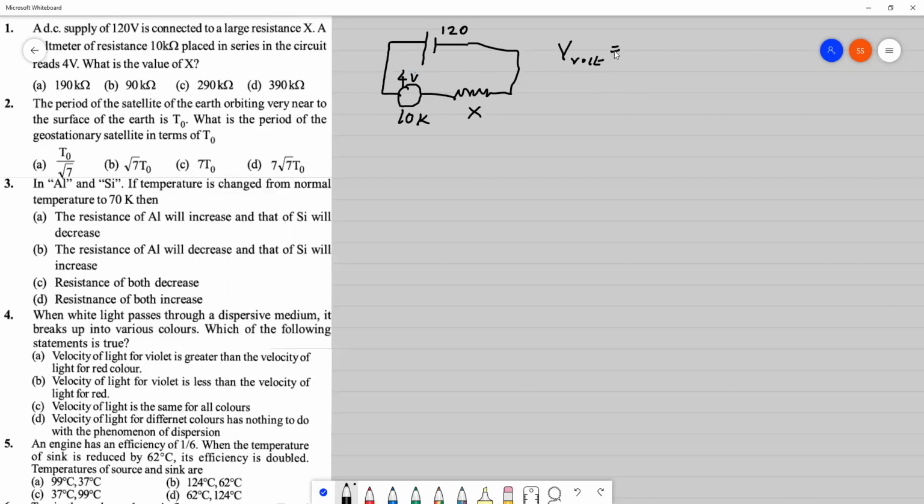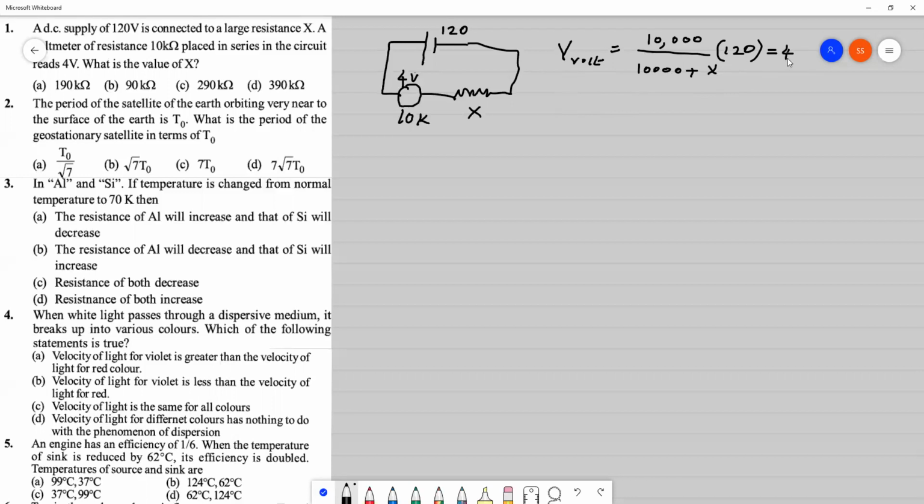It will be divided in the ratio 10,000 is to X. So 4 equals 10,000 by (10,000 plus X) times 120.